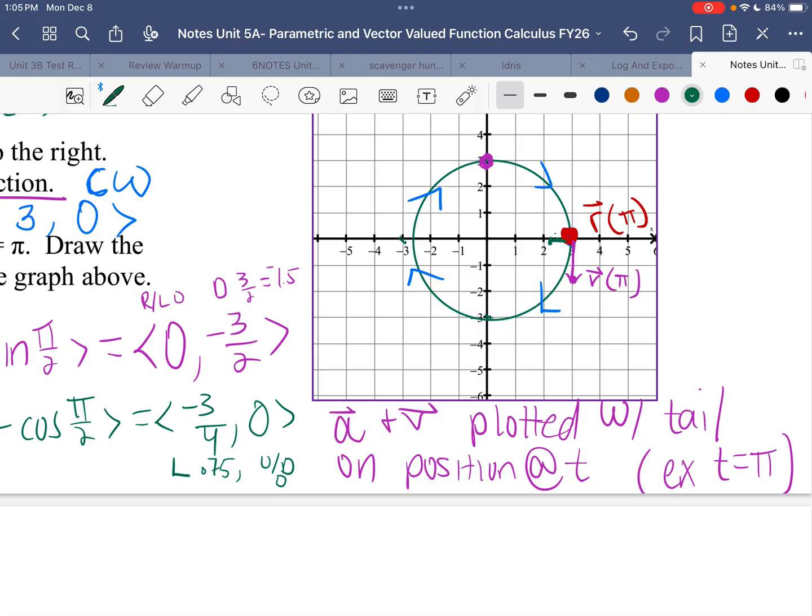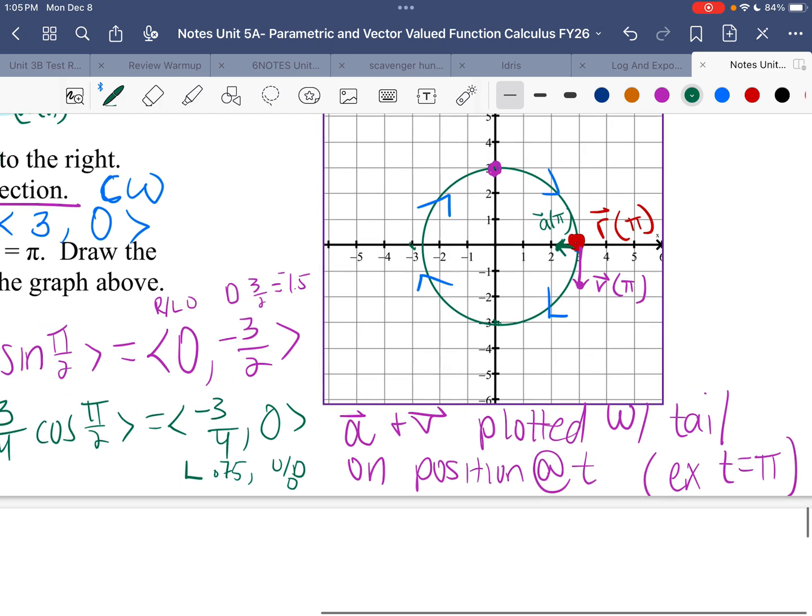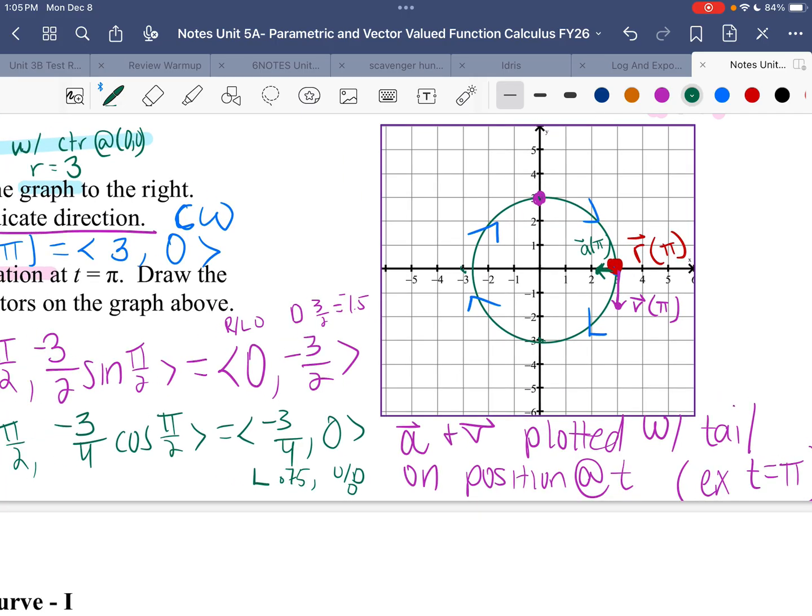I'm drawing a vector. That's it. Just make sure that the tail is on whatever t value you're plugging into the acceleration and the velocity.